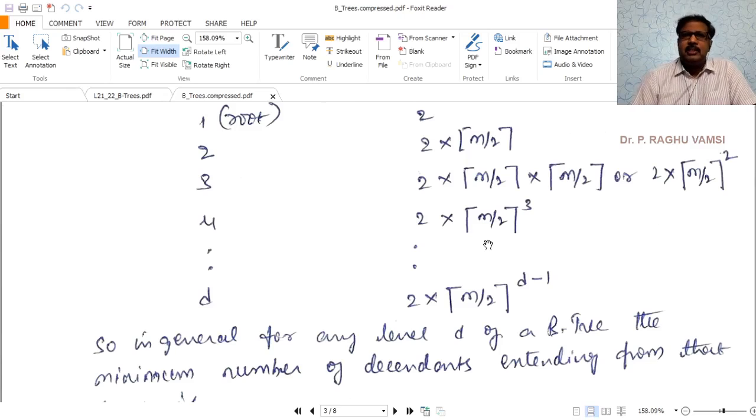That is the reason some specialized data structures are required to have faster access of the data from the disks. The best data structure, or we can say the elementary data structure of this kind, is the B tree. B plus tree is somewhat more advanced than the B tree, and B star tree is more advanced than B plus tree.